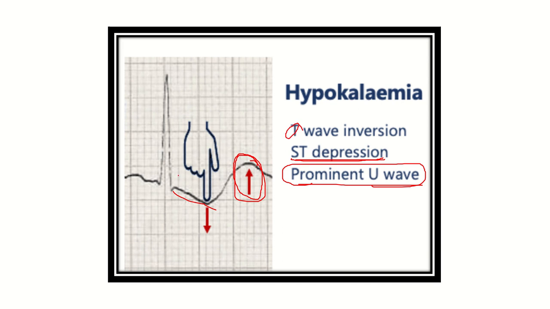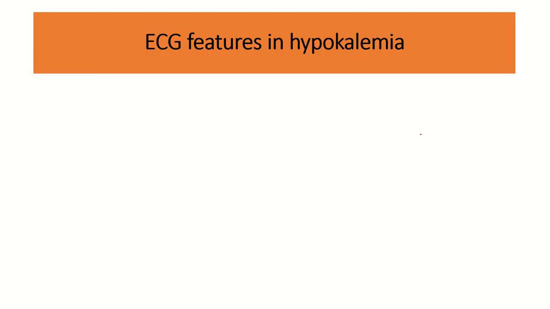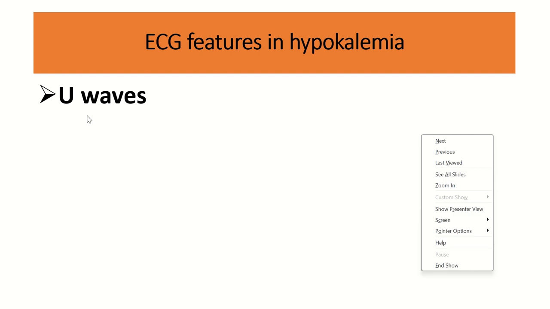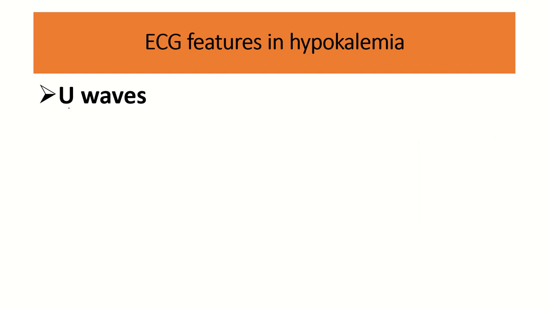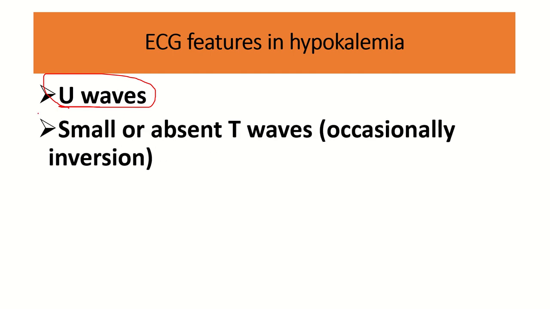Normally the T wave is upward, but in this condition the T wave is inverted. So first is the prominent U wave, which should not be forgotten. Then the T wave is small or absent, occasionally inverted. In the earlier phase it is small or absent, and in the later phase it will be inverted.